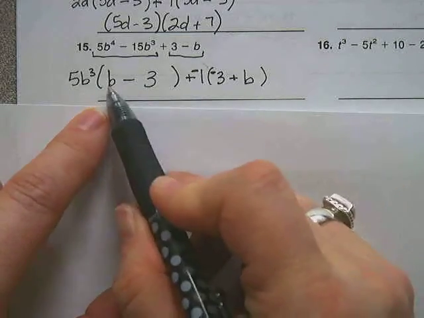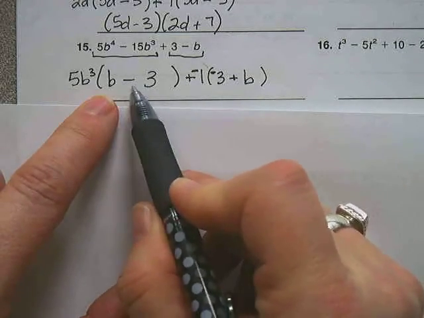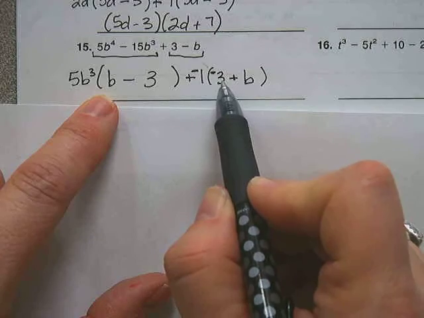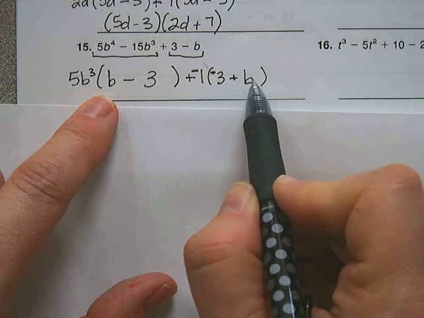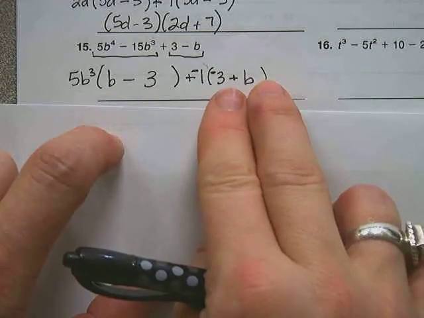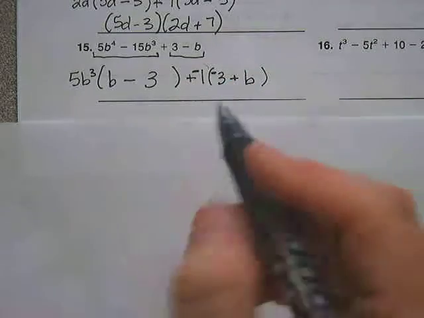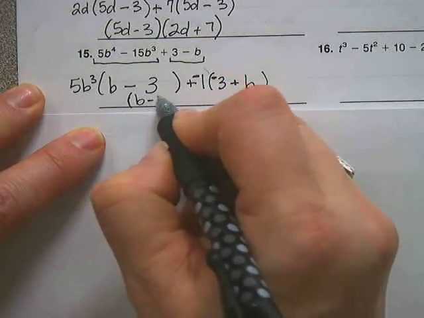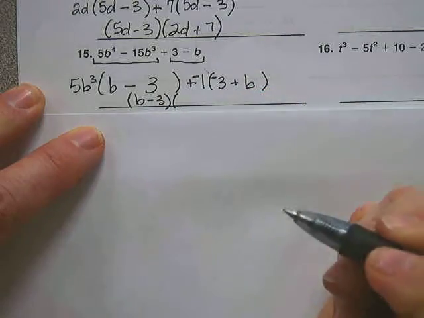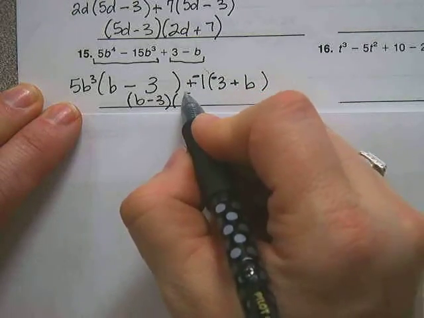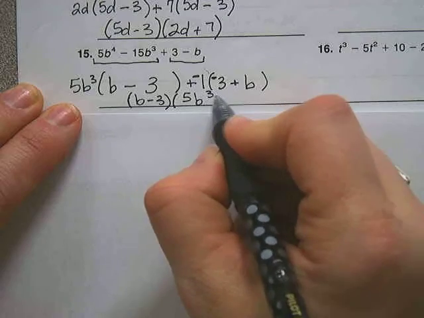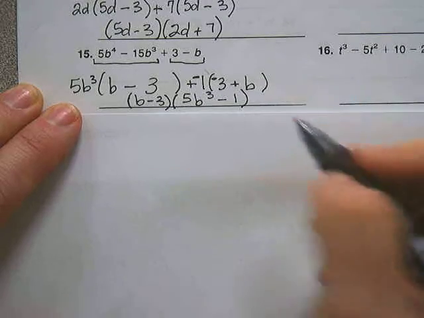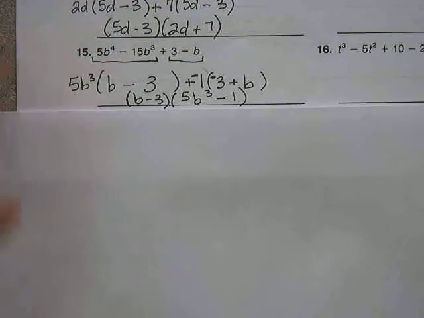Negative 3 and positive b. Now, this term, b minus 3, is the same as negative 3 plus b. They're just flip-flopped order. So now our GCF is b minus 3. And what we're left with is 5b cubed minus 1.